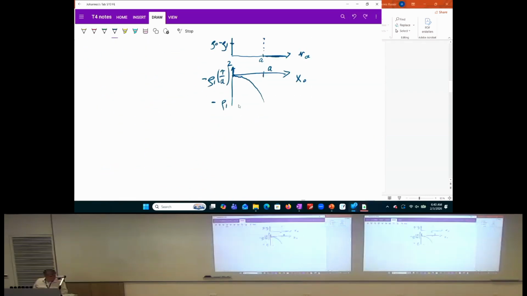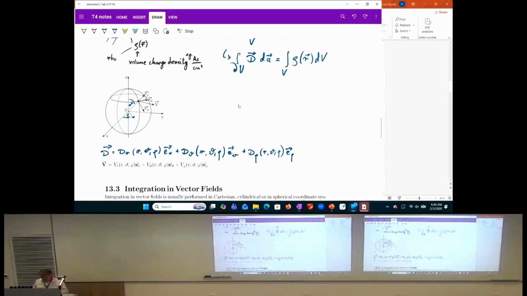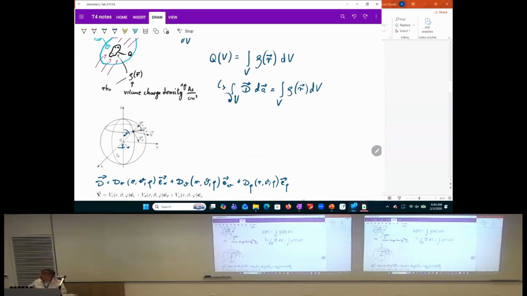So we want to integrate now, so maybe we can look at the spherical coordinate system again. We want to integrate over the enclosing surface. The phi component runs from 0 to 2 pi, while the theta component runs from 0 to pi, right?